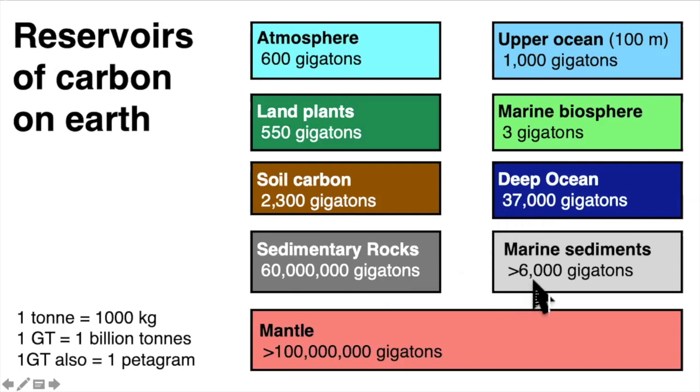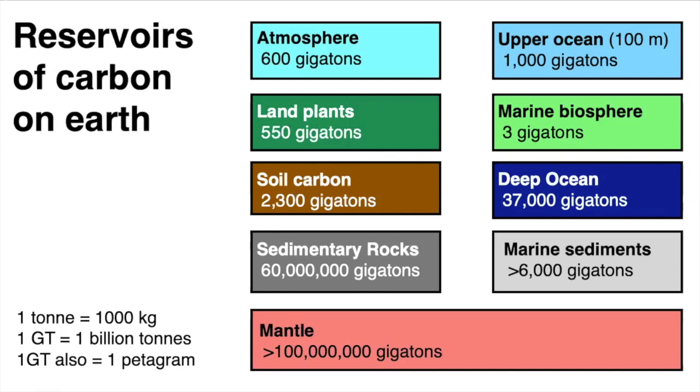There's also a significant amount of carbon in marine sediments. Compared to this, the other reservoirs are relatively small. Soil carbon has around 2,300 gigatons, land plants around 550, and the smallest one here is the marine biosphere. It's around 3 gigatons. Now there's an almost infinite way to keep parsing these different groups, but these are the main players in the carbon cycle.